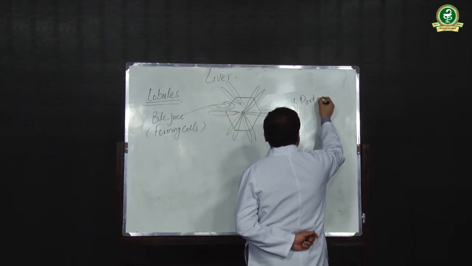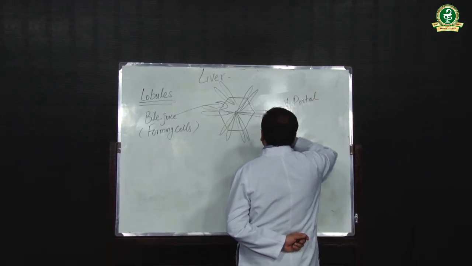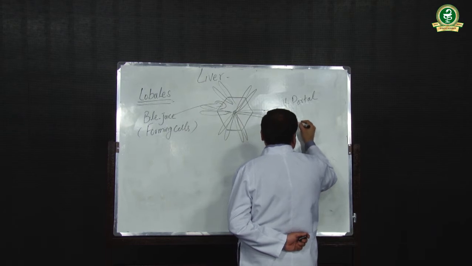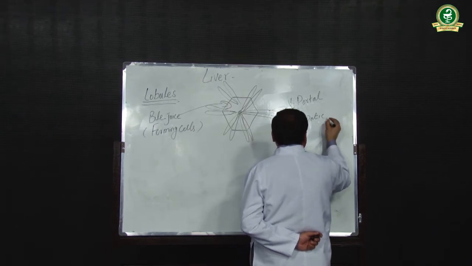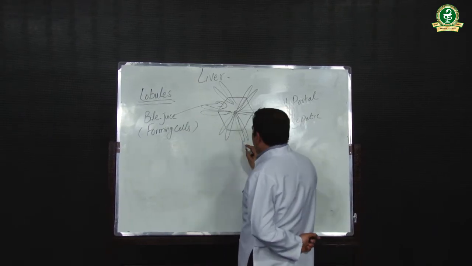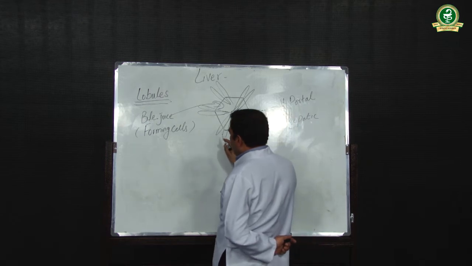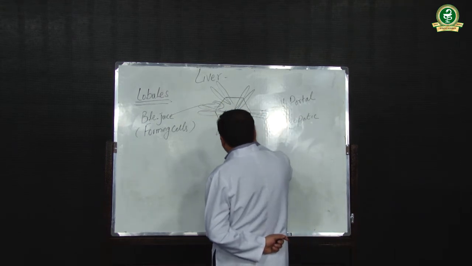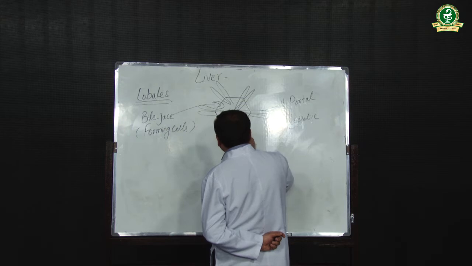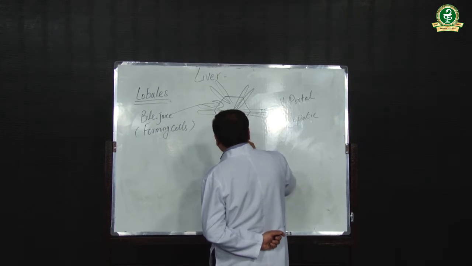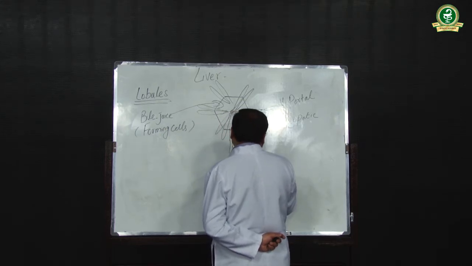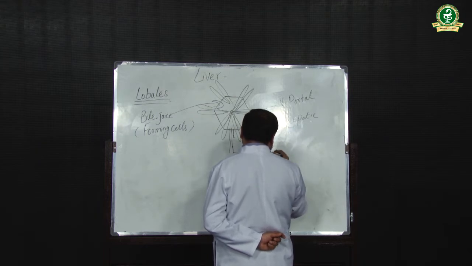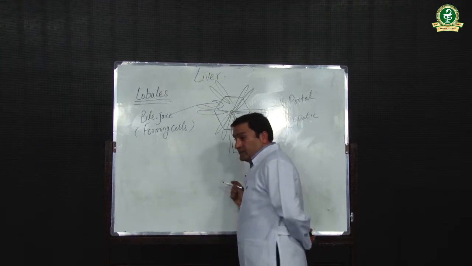What is that? Portal vein, hepatic artery, portal vein, hepatic artery, same like that. But there is one thing that is known as the hepatic vein, and that was the hepatic artery. It means that is the main.